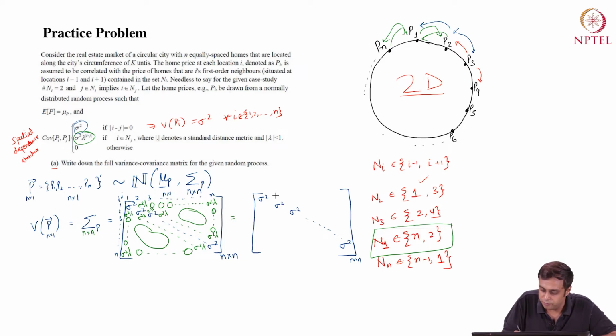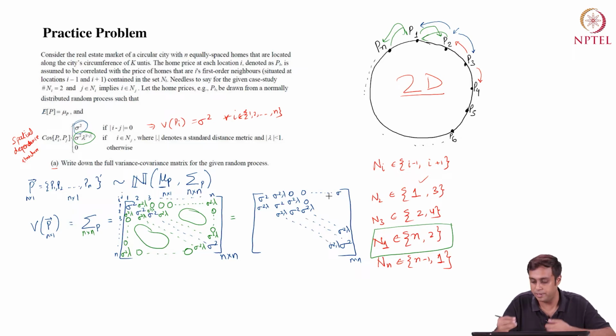The first order off diagonal elements are sigma squared lambdas. And then the second order diagonal elements are zeros, except for this aberration between 1 and n, which happen to be neighbors.